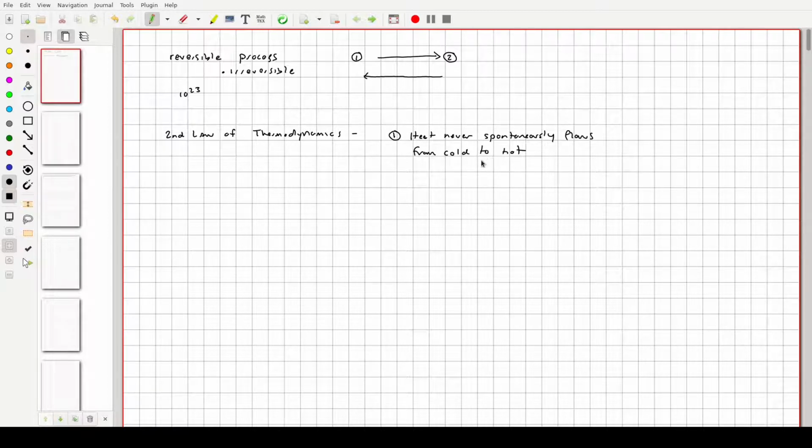Now, using this, what I'd like to do now is to talk about what's called a heat engine. Now, heat engines are things that convert thermal energy into mechanical energy.